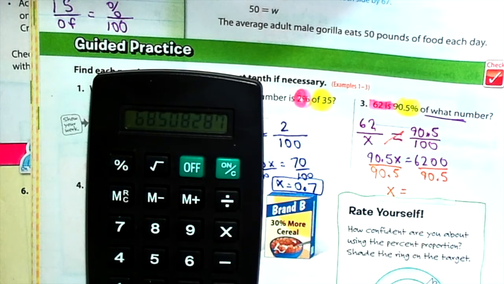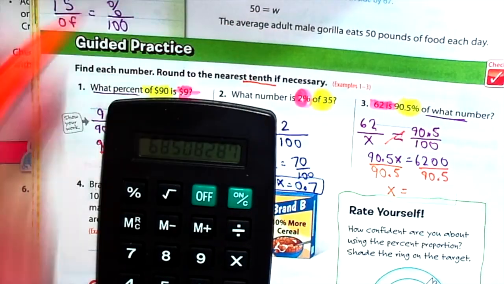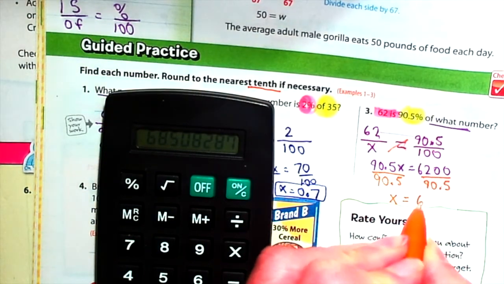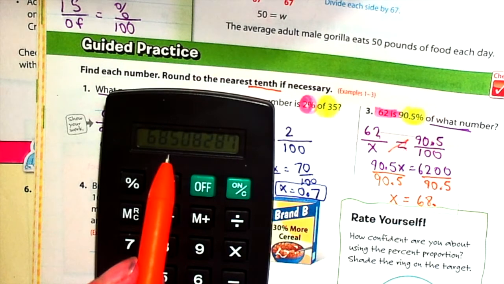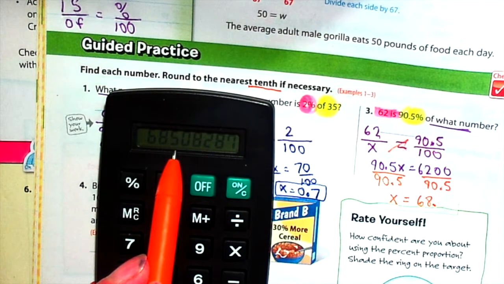Again, I take a look, I have all these things, so I look at my instructions, it says to the nearest tenth, which means one place after the decimal. So I'm going to have 68 point, and I look. Behind the decimal is a 5.